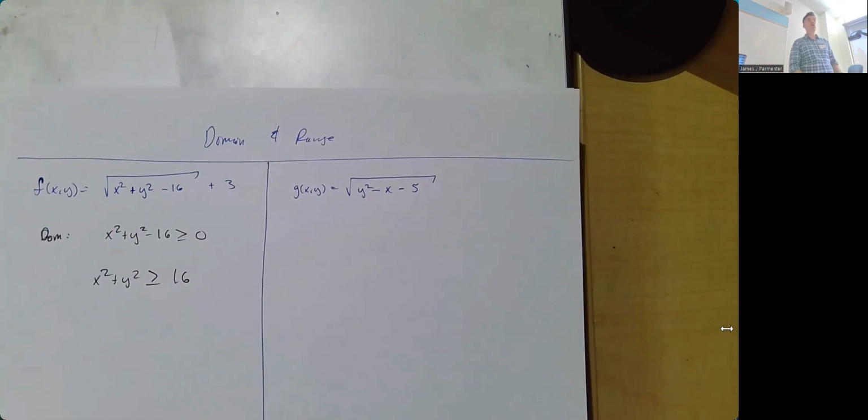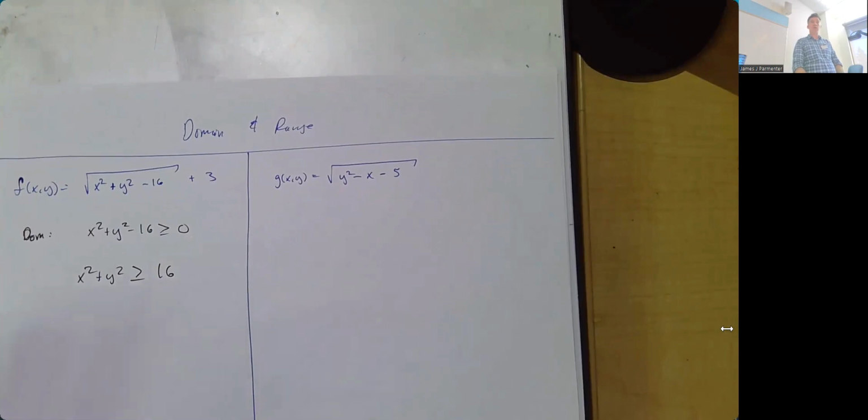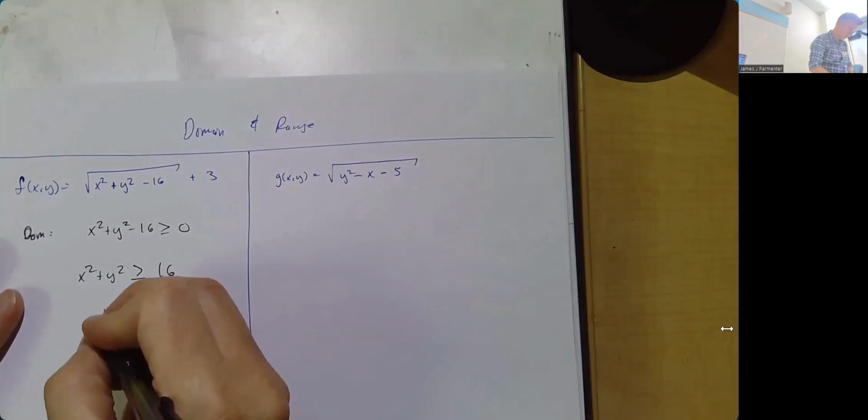And then what you should do to graph the domain is think about that as just an equality. Now I was trying to graph x squared plus y squared equal to 16. What kind of shape would I have? Not a parabola, not a circle, right? X squared plus y squared equal to 16 is a circle centered at the origin with what radius? 4.